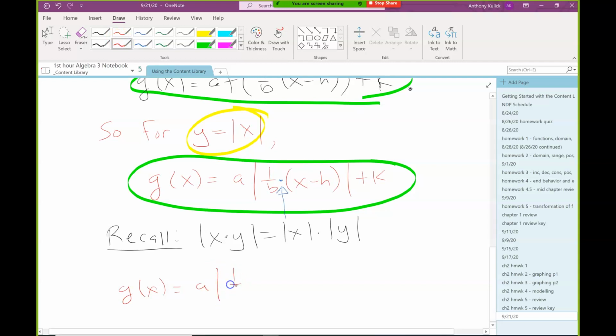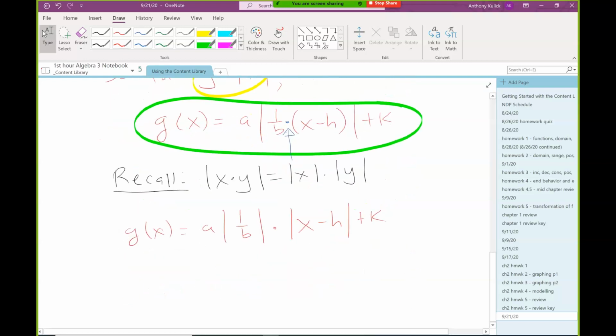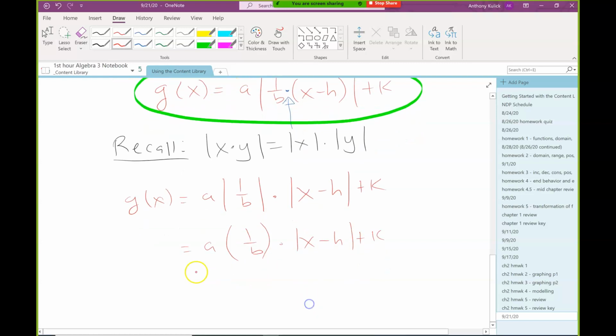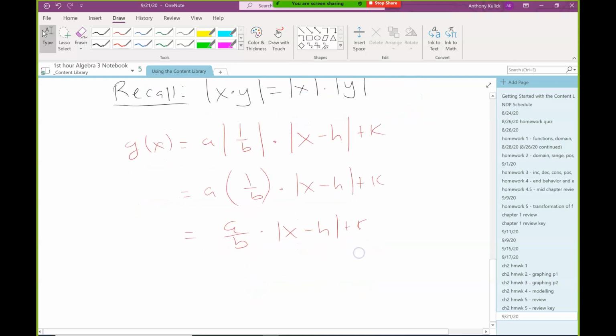So using that same rule, I can do that. Now the 1 over b is just a number, right? So when we take the absolute value of the number, we just get the positive result for it, which means that it can just get absorbed up into this a over b, or into the a, I should say.